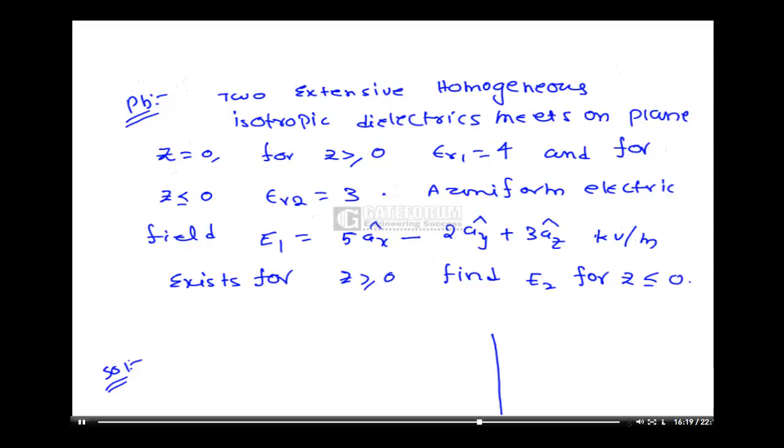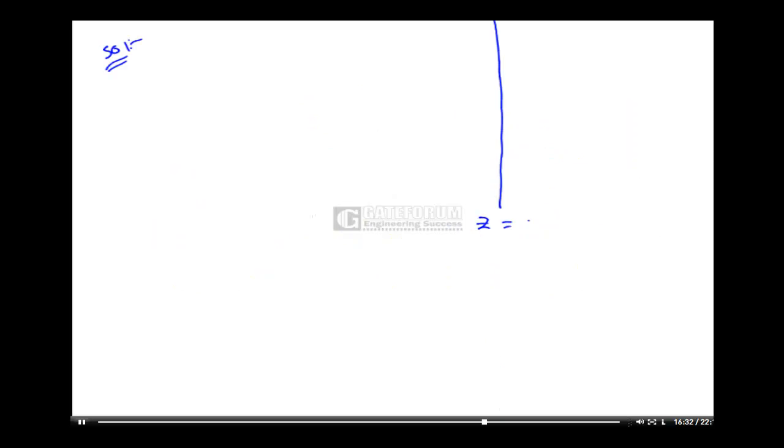Isotropic means the same in all directions. The dielectrics meet on plane z is equal to 0. Suppose this is the z is equal to 0 plane. This is medium 1, this is medium 2. So this is z less than or equal to 0, this is z greater than or equal to 0.